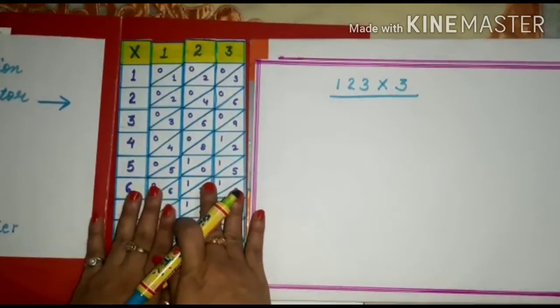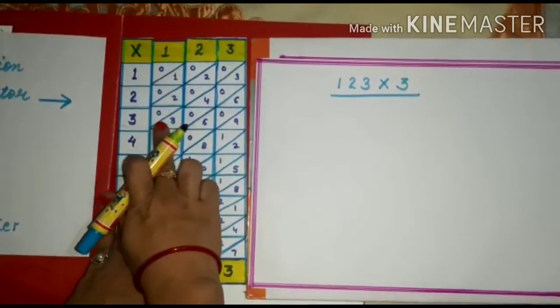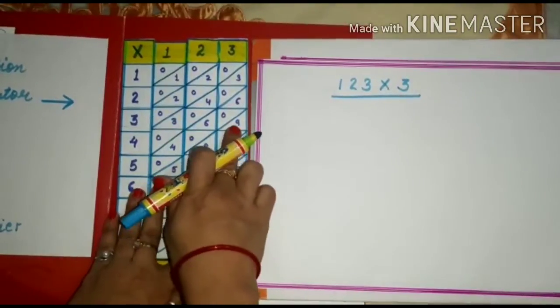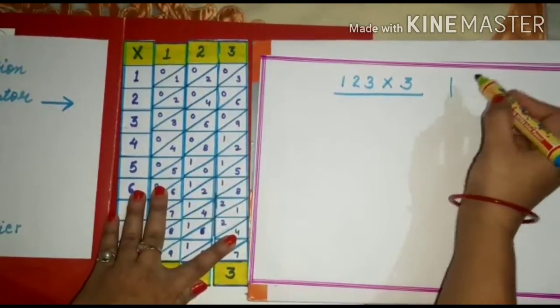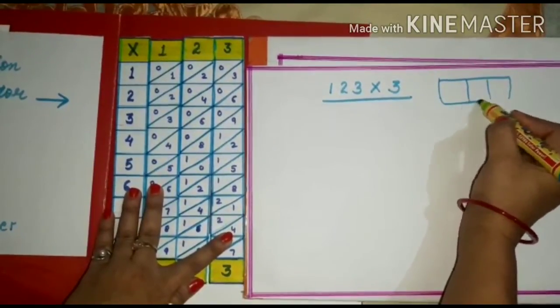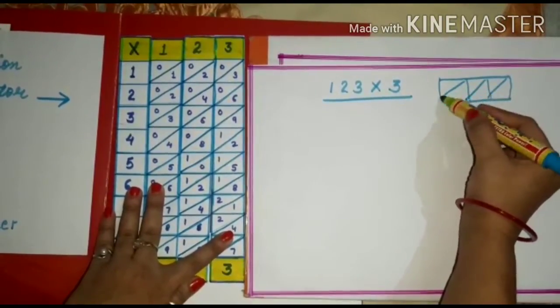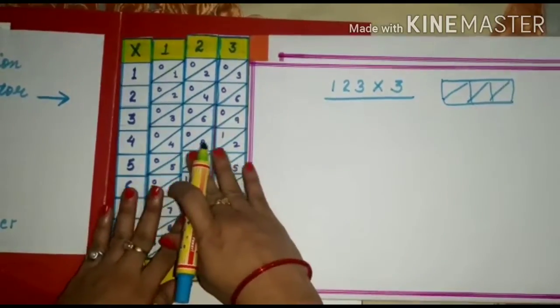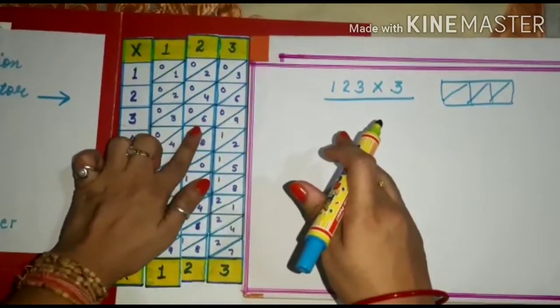Just see the sequence here. We have to use these boxes. Let me show you here. The boxes are 03, 06, 09.